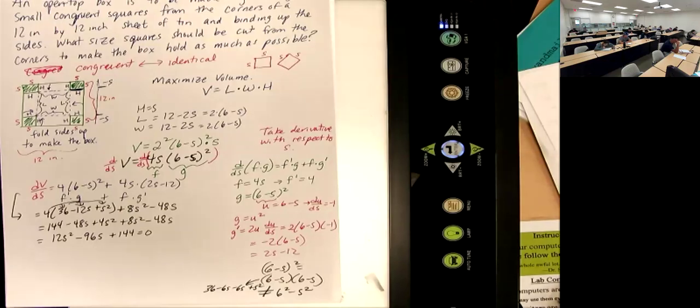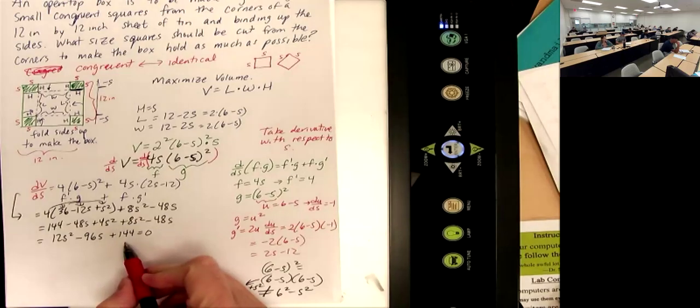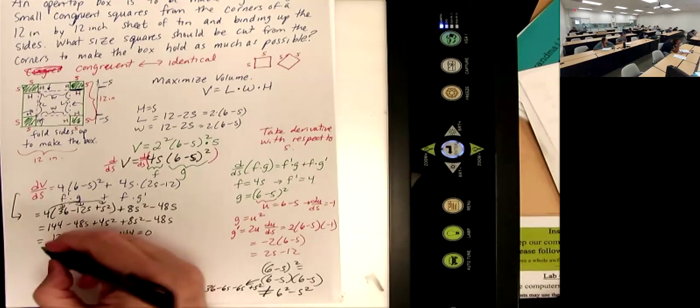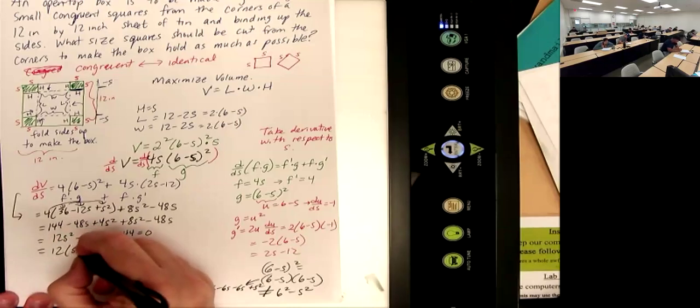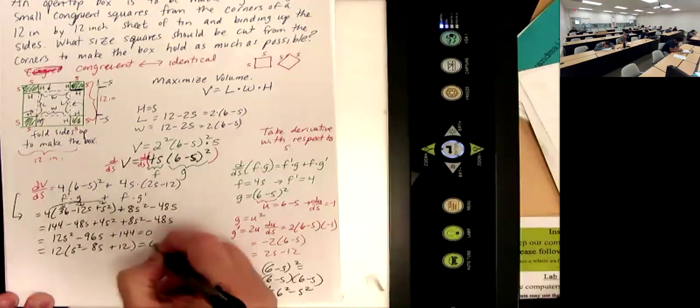That looks like a hell of an equation, but I think all those are divisible by 12. I know this is, and 144 is actually 12 squared. Is 96 divisible by 12? 8, right? I could factor out a 12 here, and we would have s squared minus 8s plus 12 equals 0.